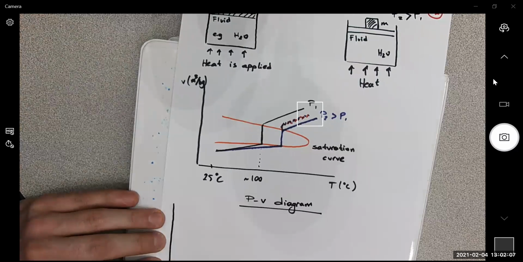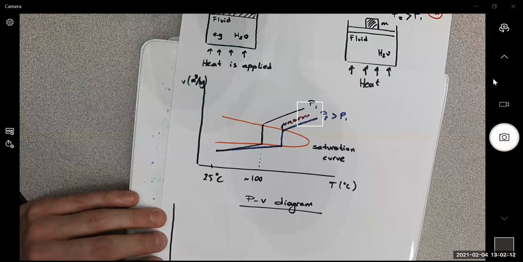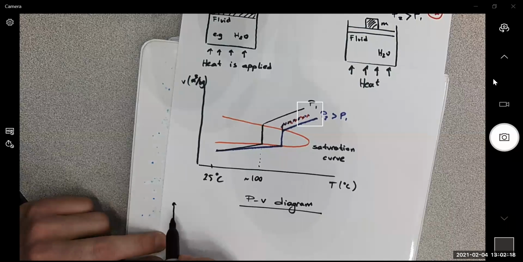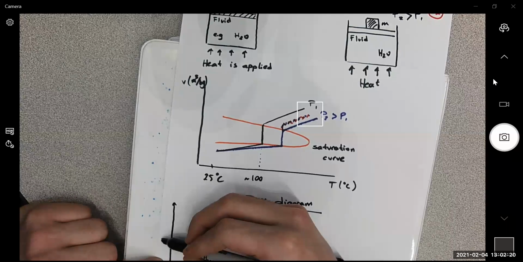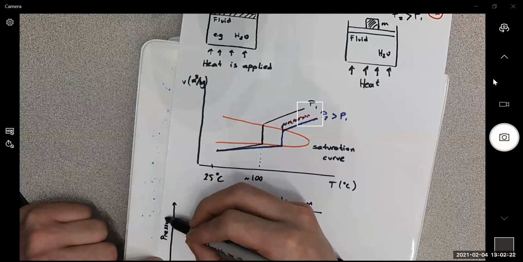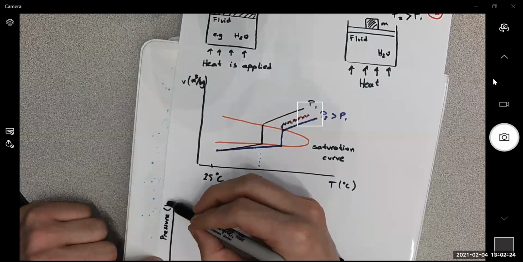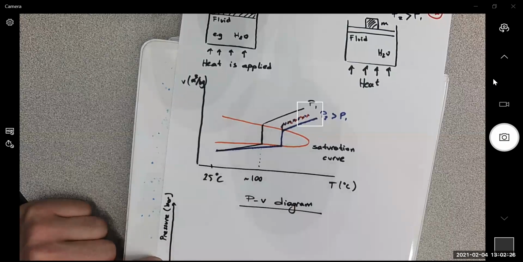Pressure versus specific volume for water. Pressure in bar or kilopascal.